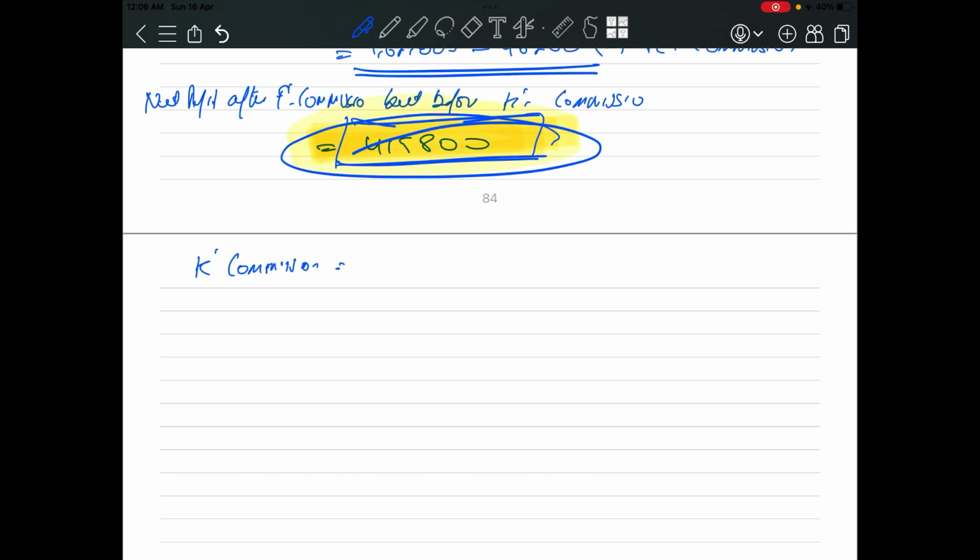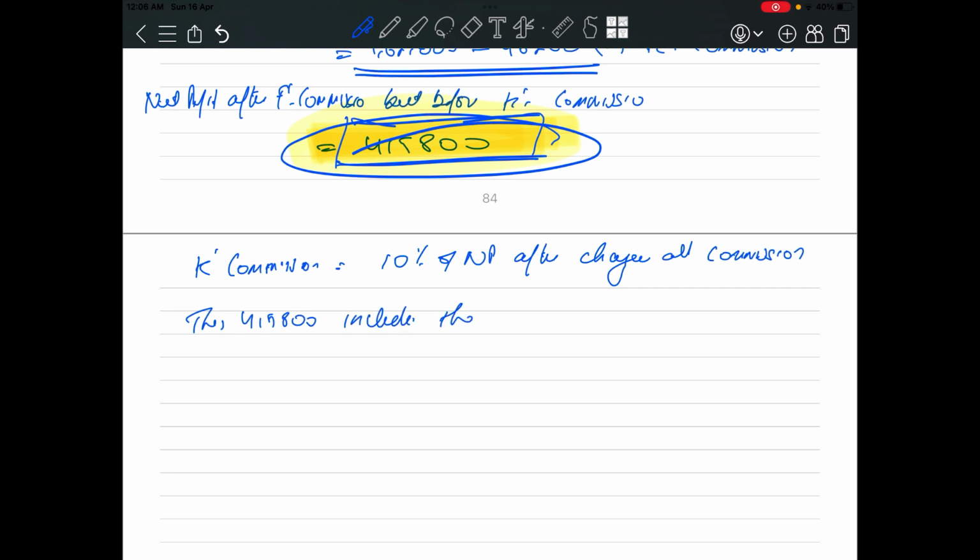It is 10% of net profit after charging all commission. So this 415,800 includes the commission of K, that is 10%.